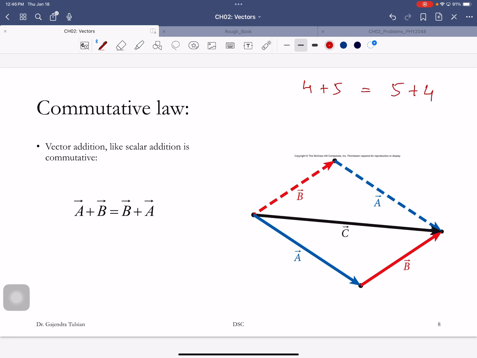It's commutative under addition, and you want to see if that's true for vectors as well. It turns out it is. Here is A plus B, and this is B plus A, and the sum is the same. So vector addition is commutative.